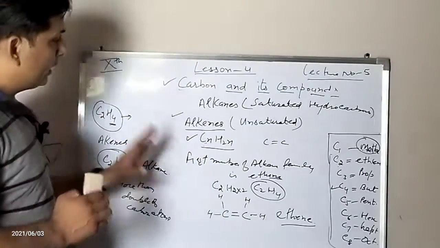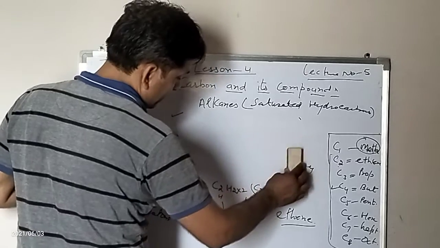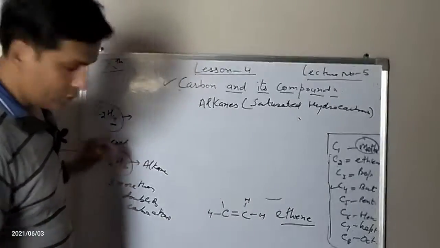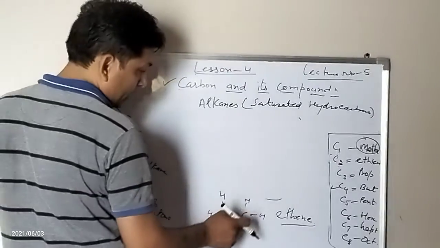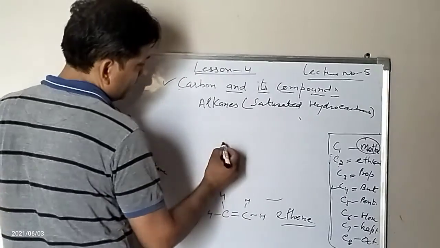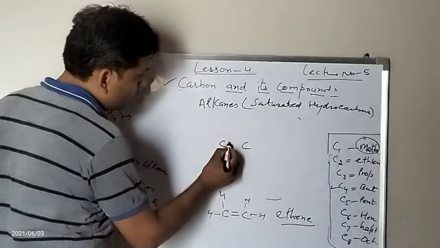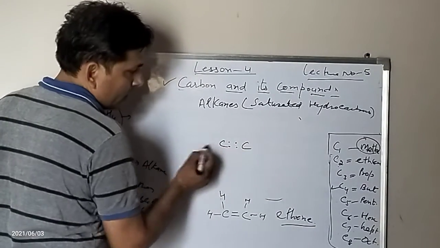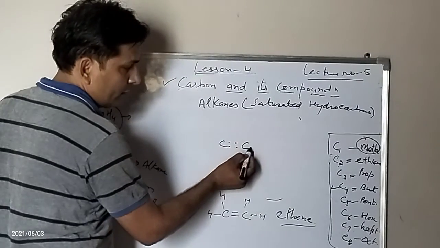Now we are going to discuss the electron dot structure of ethene. Stick to this structural formula. First of all, two carbon atoms. There is a double bond, meaning two pairs of electrons. Two electrons of this carbon are shared with two electrons of the other carbon.